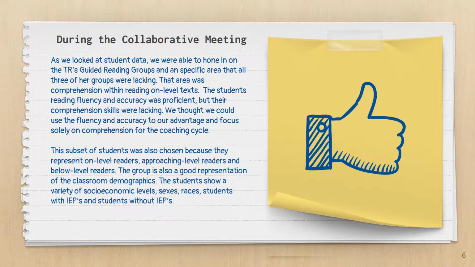So they were really a good subset of students, but also they were struggling in comprehension. All 3 levels are reading fluently and accurately within their level, but their comprehension skills were lacking. They were not getting proficient on their comprehension skills. So this was a really great area to hone in on, and it was a good subset of students.